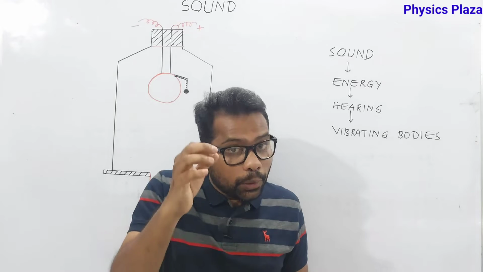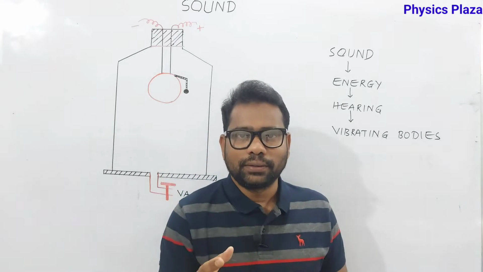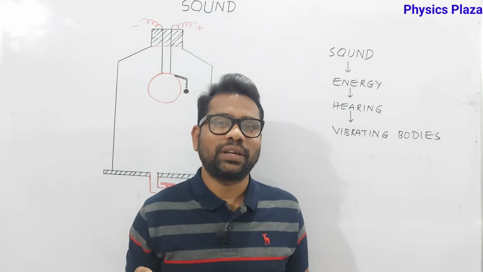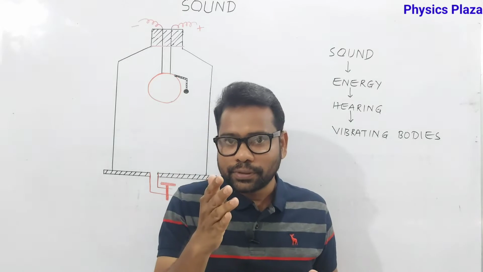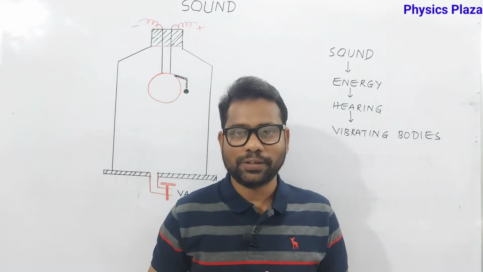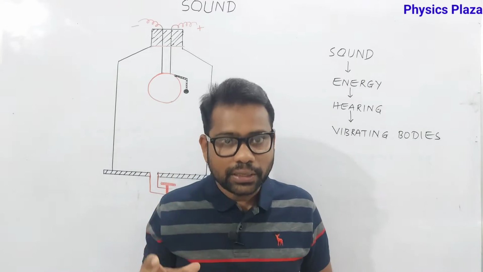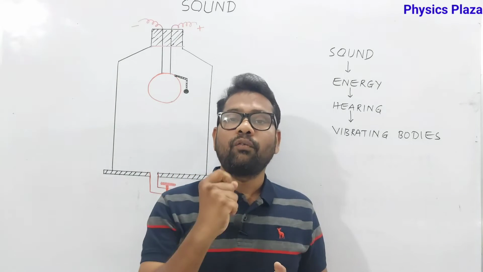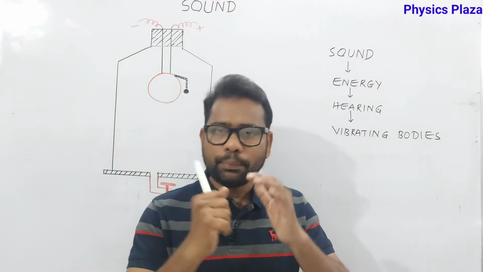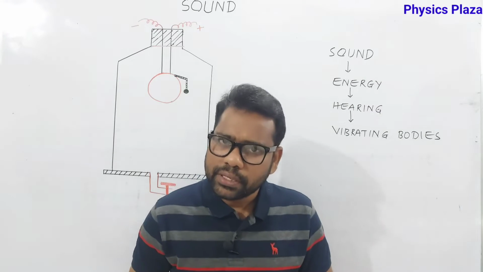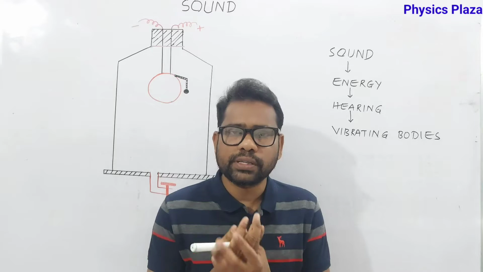The moment you notice the things which are happening, there is nothing left to learn actually. Just observe and you can learn. So, sound is a form of energy which produces the sensation of hearing in us and which is produced by vibrating bodies.